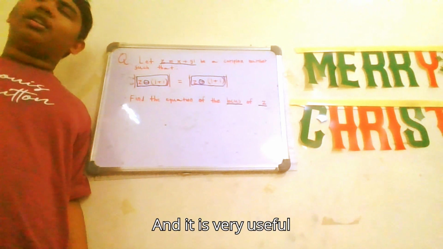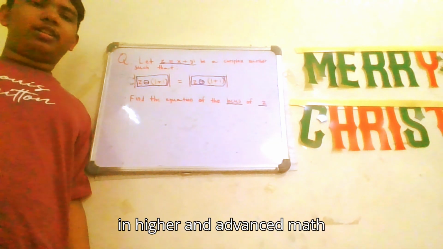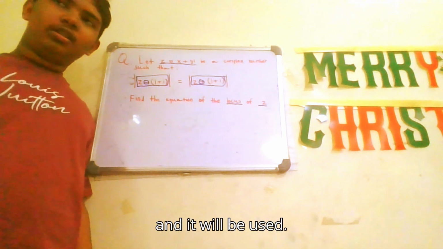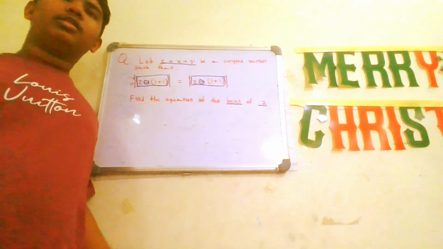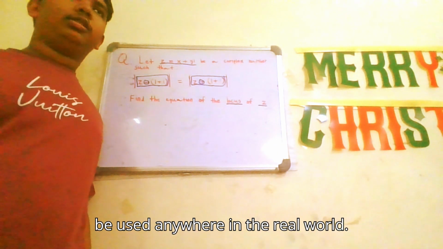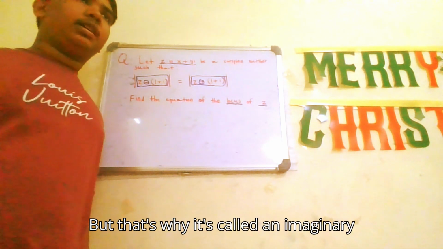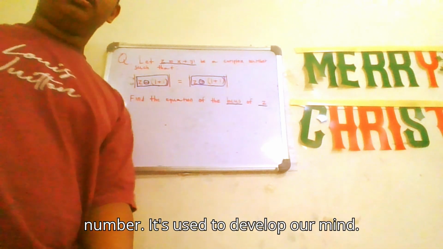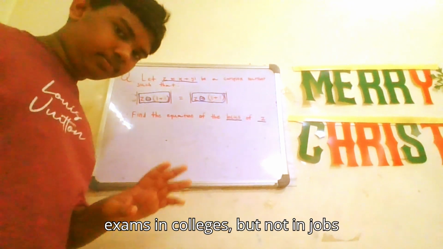It is very useful in higher and advanced math, and it will be used in physics a lot. And yes, i is not going to be used anywhere in the real world, but that's why it's called an imaginary number. It's used to develop our mind. It will be used in competitive exams and colleges, but not in jobs.